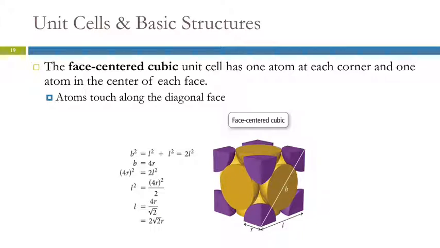We end up with the length being equal to 2 times the square root of 2 times R. I do not expect you to remember those. If you need it on an exam, I'll give you the length in terms of R. But you do need to know the name of this is face-centered.